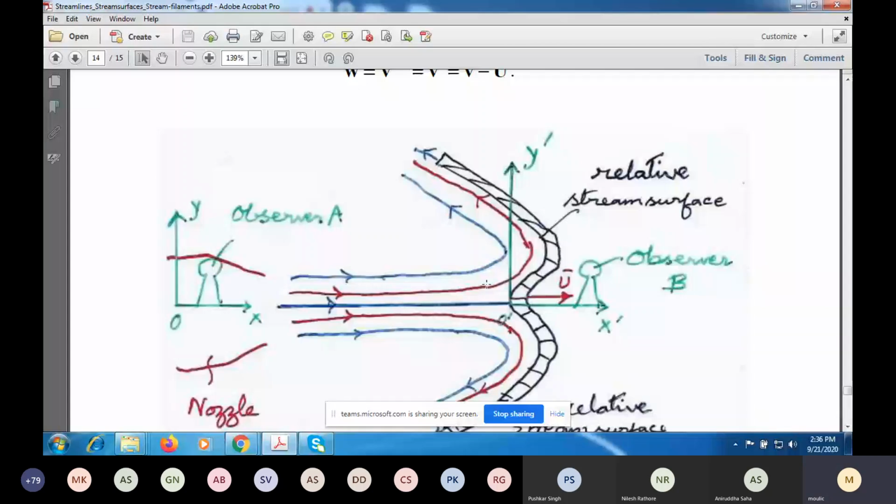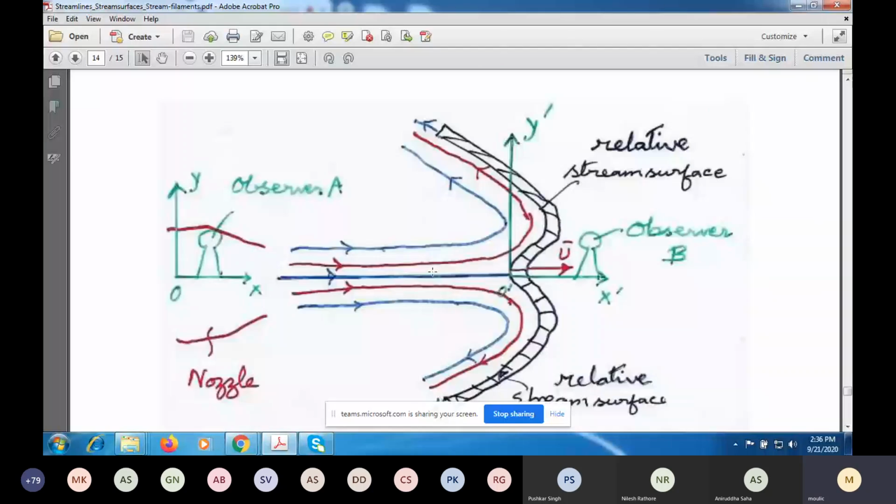It is deflected because it's an impermeable solid surface. Had it been porous, part of the liquid would have gone through. But here the entire volume is just pushed backwards towards the nozzle. Due to the symmetry of the bucket or vane, you will have half of the liquid going upwards and half going downwards. Okay. So I've drawn some streamlines over here.